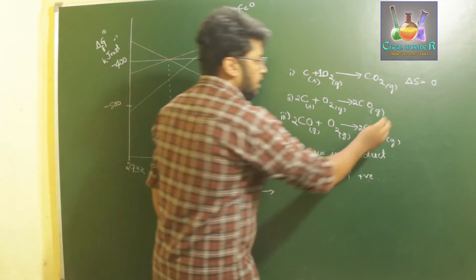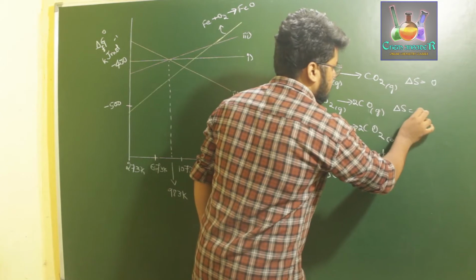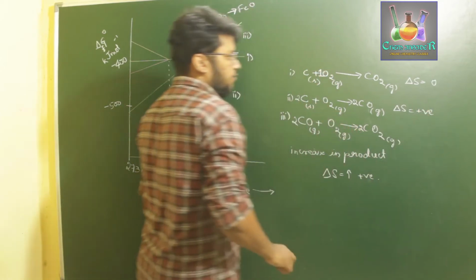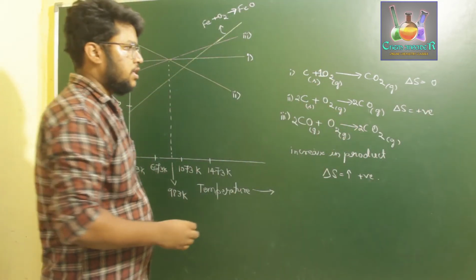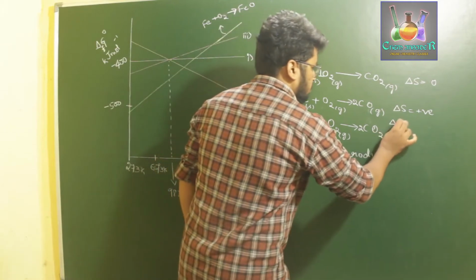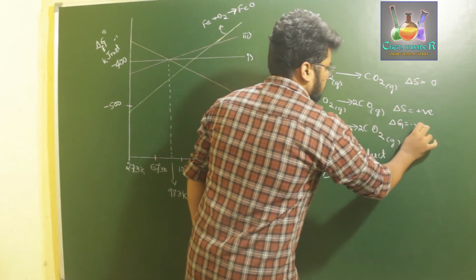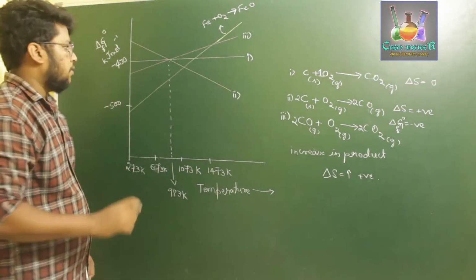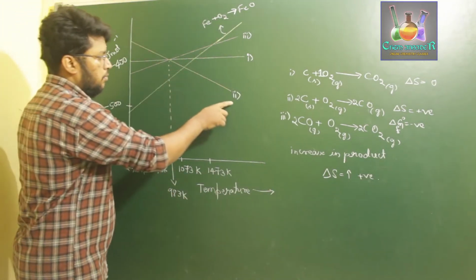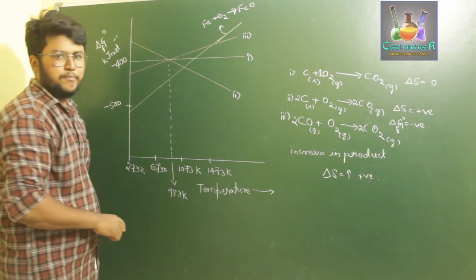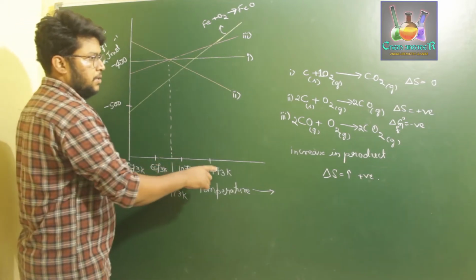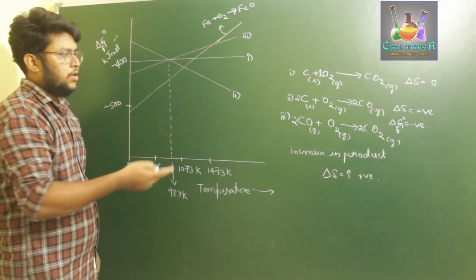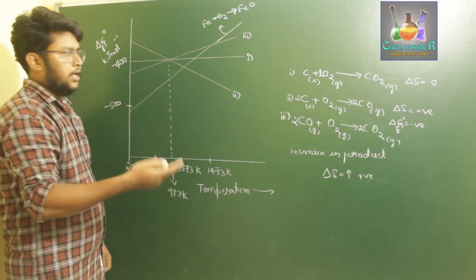That means delta S is increasing, so delta S is positive. If delta S is positive, delta G of formation becomes more and more negative, resulting in the curve going downward with increasing temperature.